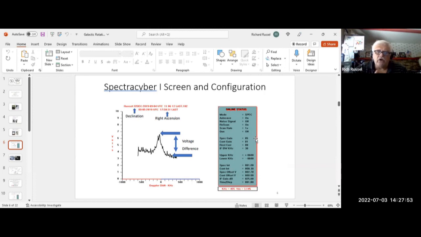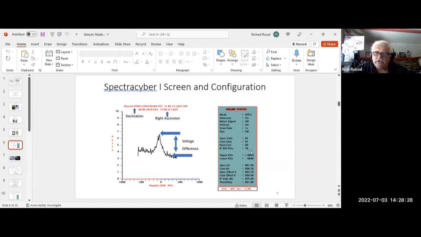Because if the 0 point's off, all your calculations are going to be off by the same amount. So I'd recommend that, and you can use the rest correction there to adjust your screen and your data to the actual value. Here, I don't know 100% that it's exactly at 0, even though I set it at that. It may just be off by some kilohertz.